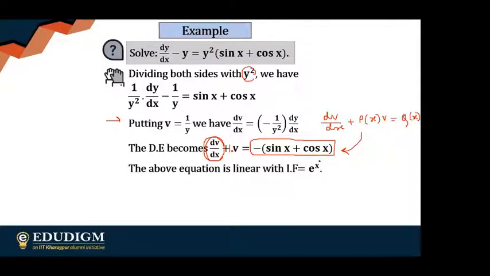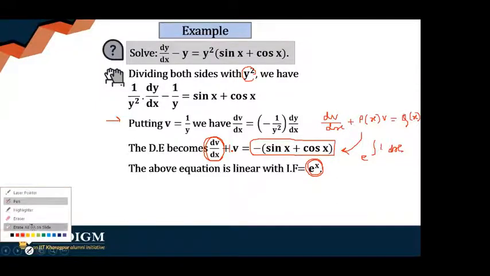Now I need the integrating factor. What is the integrating factor? It is e to the power integration P dx. Okay, the P is 1, so this is dx. So what is this? This is simply e to the power x. Okay. So this is the integrating factor. Fair enough? Look at each and every step carefully.